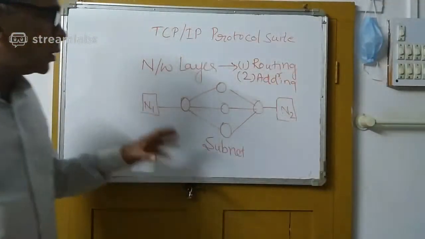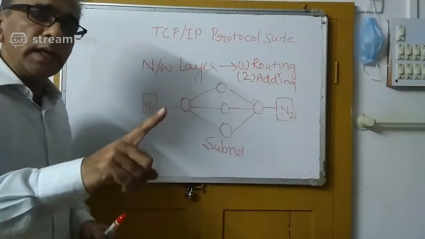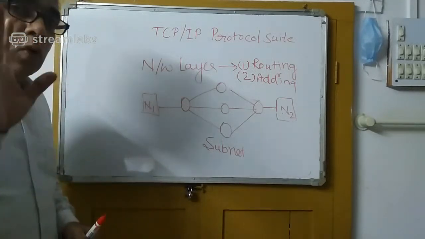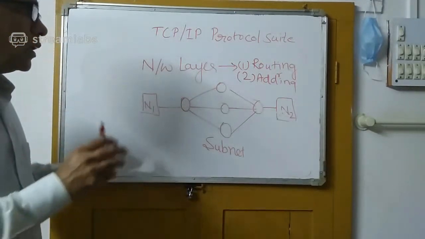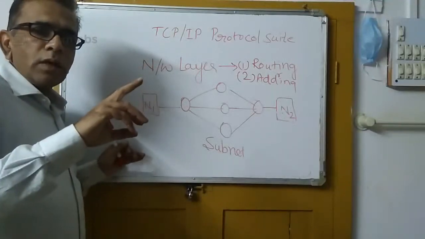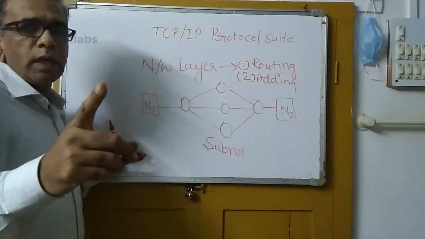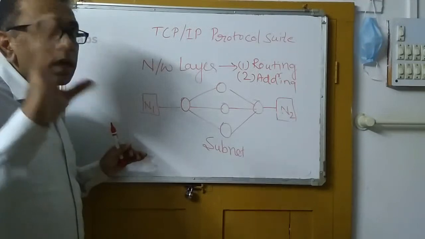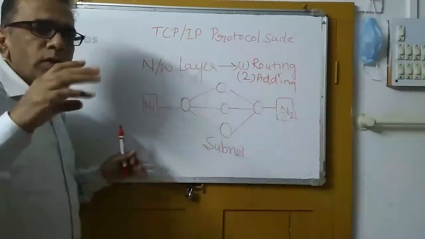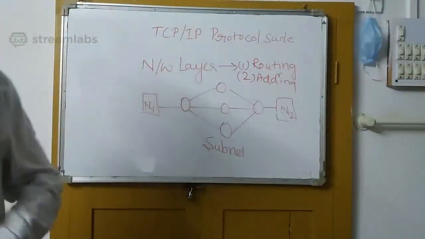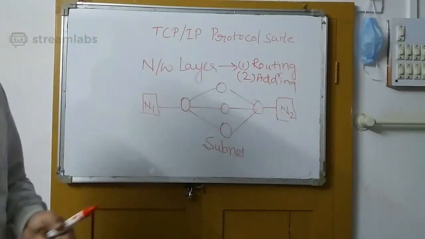In the beginning, in one of the classes, I told you that a network layer entity is only capable of communicating with the network layer entity on the other side. So the question arises: whenever there is a physical address, why use a newer addressing?